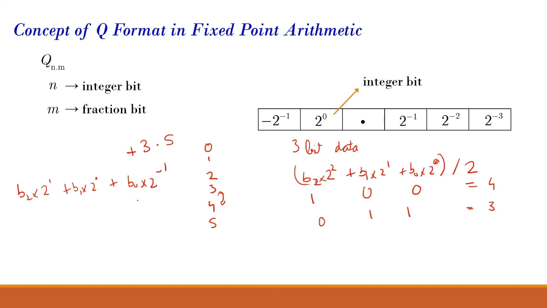If I apply 1 over here, 1 over here, and 1 over here, the value I get is 2 plus 1 plus 0.5, that is equal to 3.5.